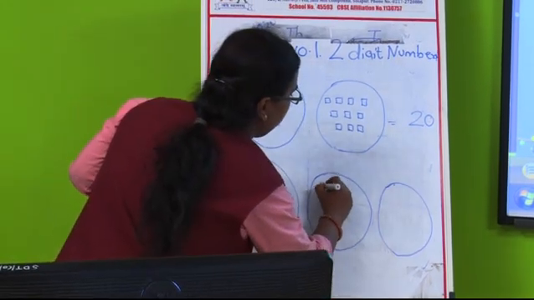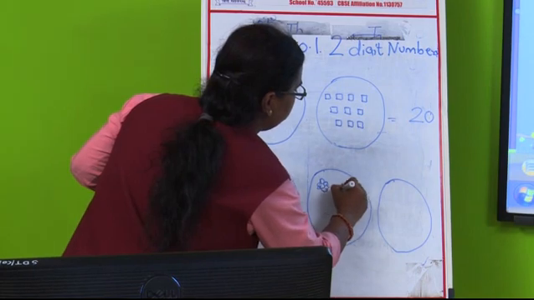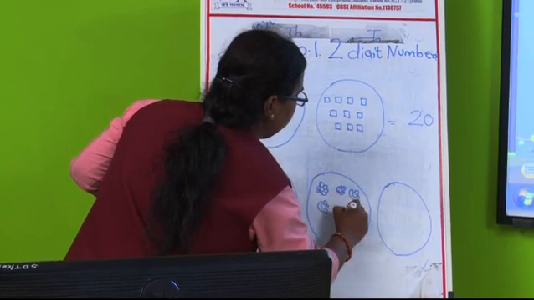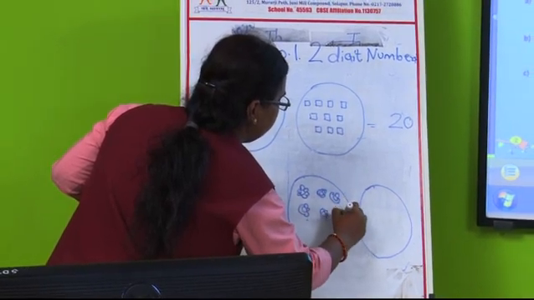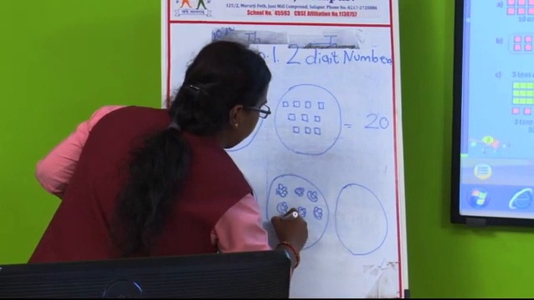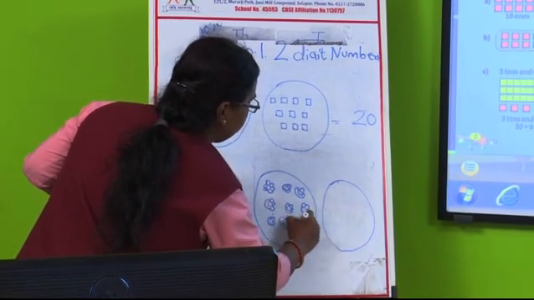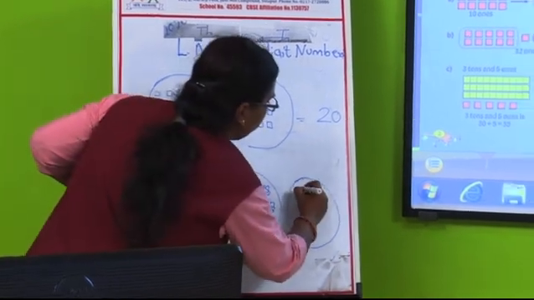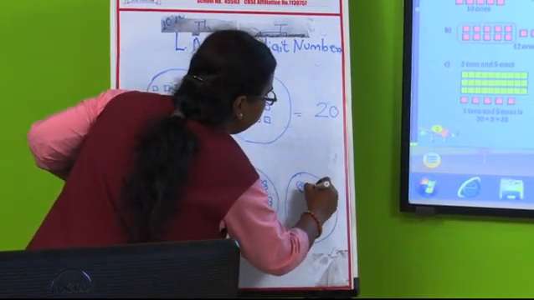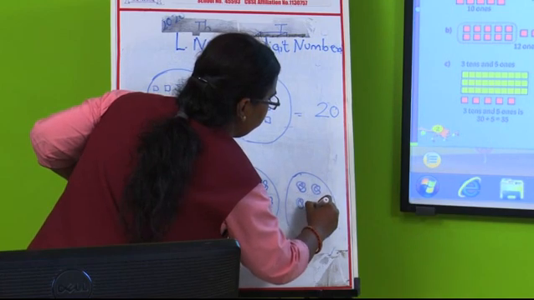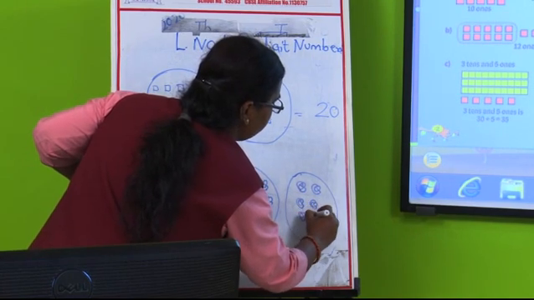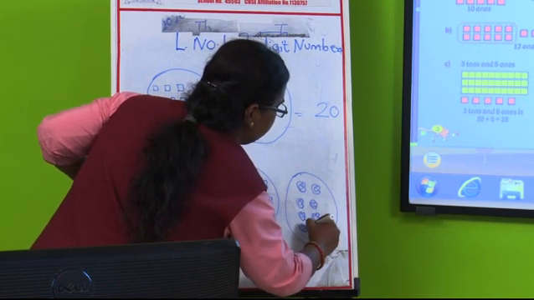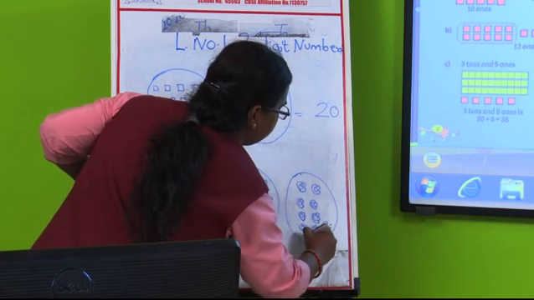In this also 1, 2, 3, 4, 5, 6, 7, 8, 9, 10. Okay, and here also 1, 2, 3, 4, 5, 6, 7, 8, 9, 10.